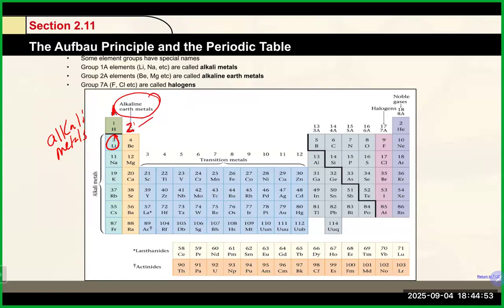Group 1 and group 2 on the periodic table is where a lot of strong bases basically come from, because the word alkaline means basic. So that's where we can produce a lot of our strong bases like sodium hydroxide, potassium hydroxide, calcium hydroxide, strontium, barium. Basically, if you go this way, hang a right and come down and you throw hydroxide on those guys, you have probably made a strong base.